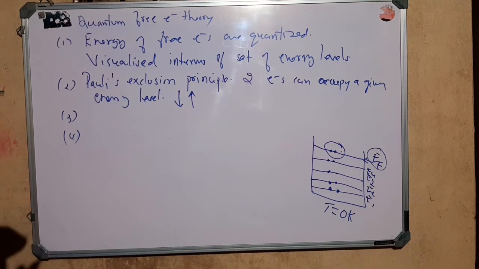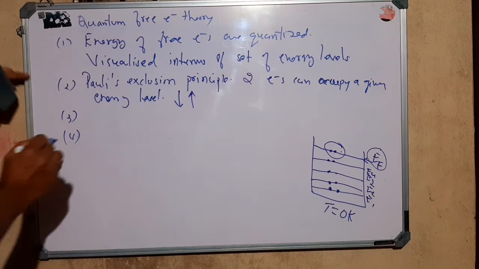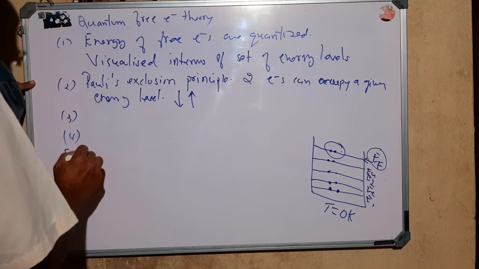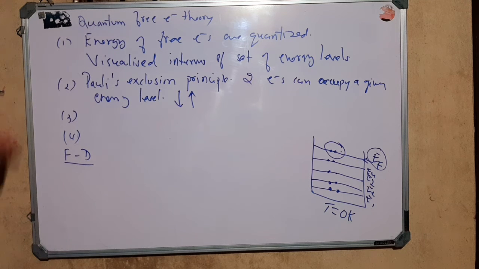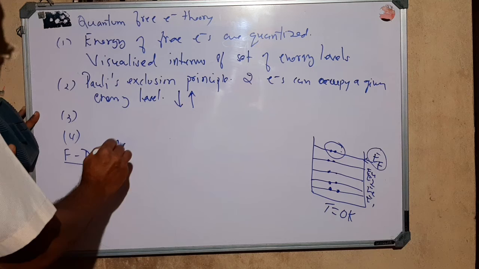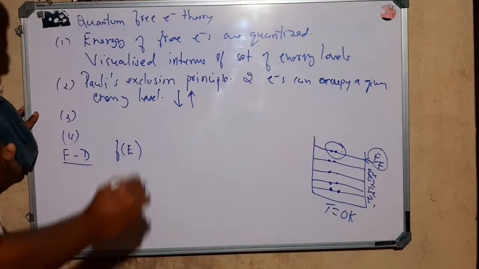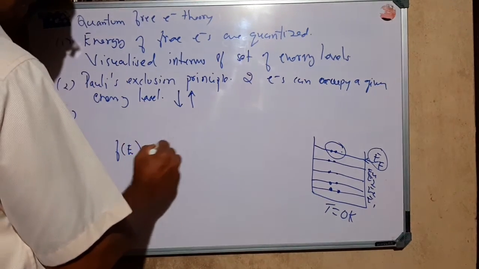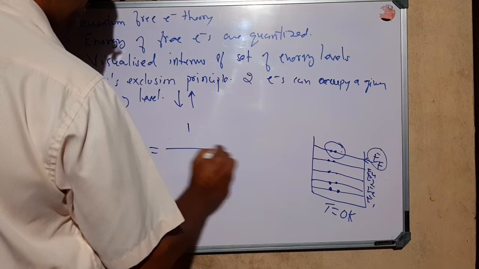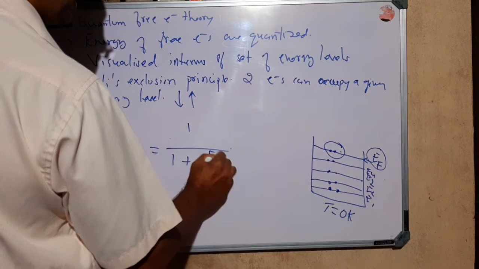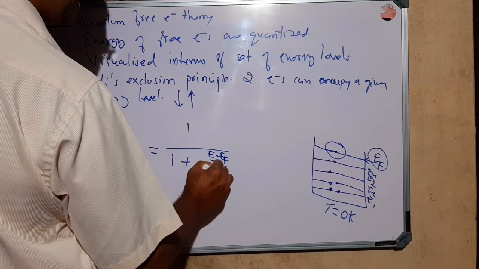So this quantum free electron theory uses the FD distribution law, that is Fermi-Dirac distribution law, according to which the probability of finding the particle in a given energy level E is given by f(E) is equal to 1 divided by 1 plus e to the power (E minus EF) by kT.